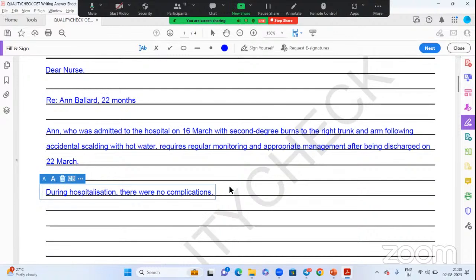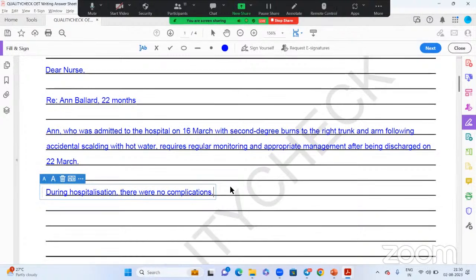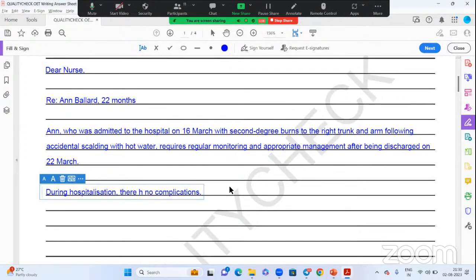Write 100 different ways, no problem. Okay. There were no complications. Or during hospitalization, you can write in the present tense. There have been no complications. Okay. During hospitalization, use present tense, don't use past tense.